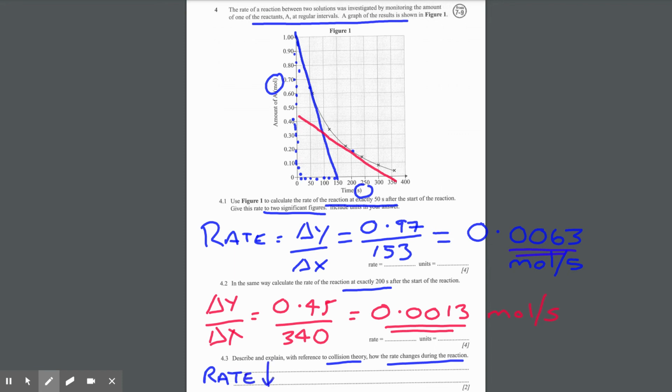And the reason for this is the concentration of A is also decreasing as the reaction proceeds, because as particles A react with, let's say, particle B to make C, then as particle A gets used up, the frequency of potential collisions that can occur between A and B are less because the number of A particles is starting to disappear and decrease. And so as a result, the rate of reaction as a result of the rate of collisions will also decrease.